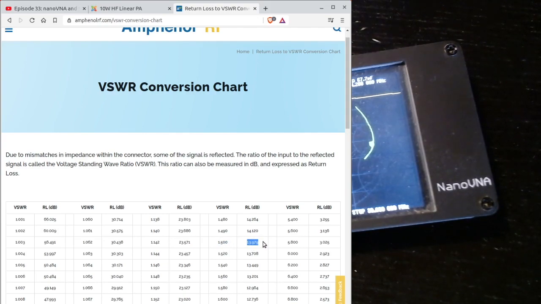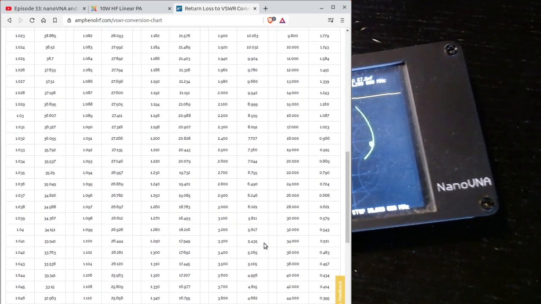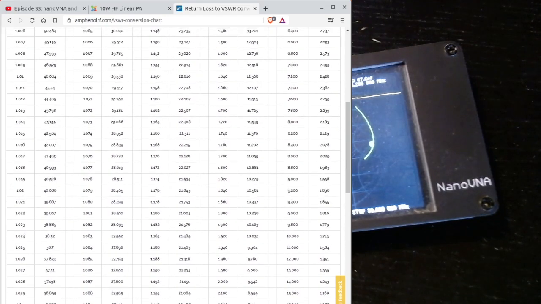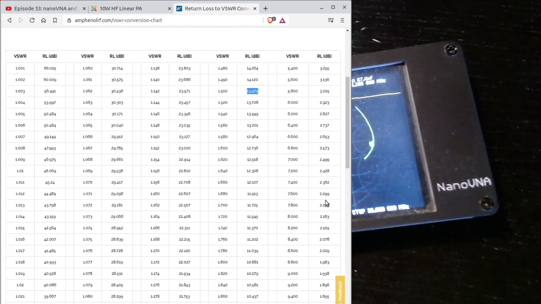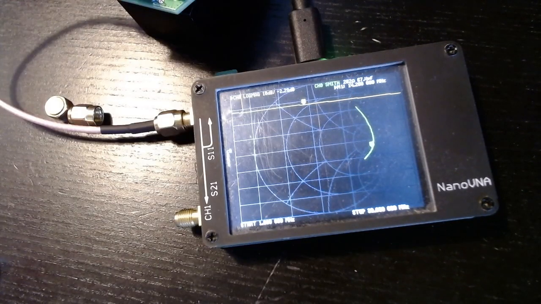Here we are in a much worse situation. Let me see in this conversion table where we are: about 2.3 dB, and so we are here. If we express the input impedance of this amplifier in terms of SWR, it would be 7.6. So it's very high, unfortunately. I was hoping for something better, to be honest.